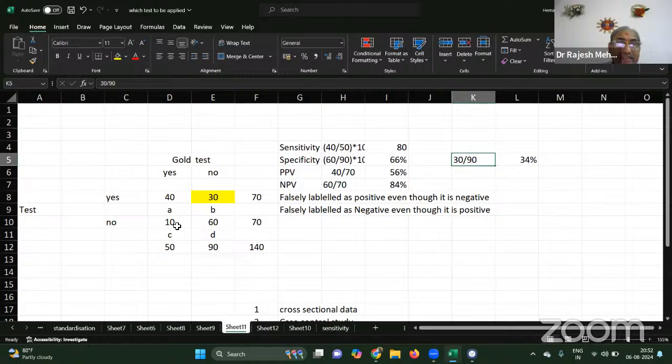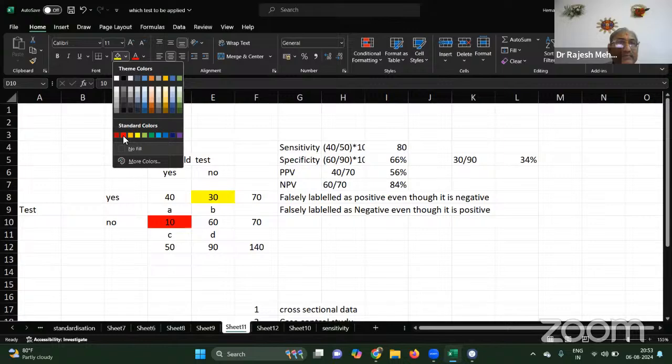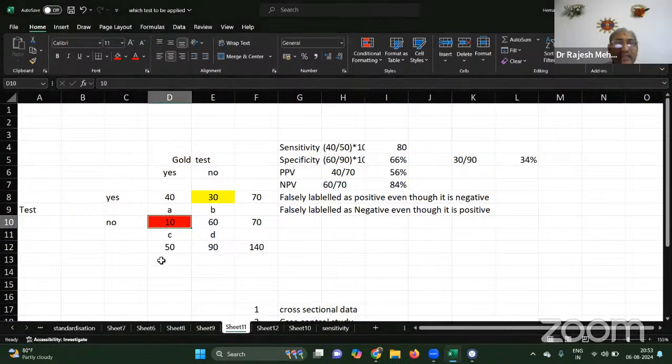These 10 are labeled as negative, even though as per the gold standard they are positive. So it is falsely labeled as negative, even though it is positive.